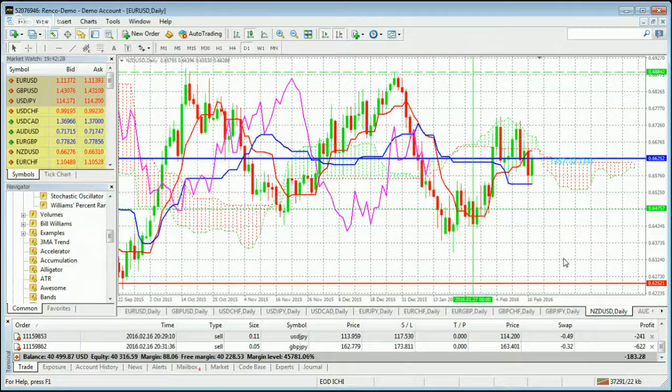There's technically two signals. One happened recently. The other happened a couple of times, and it was a couple of candles ago. Let's see if you guys can spot it.